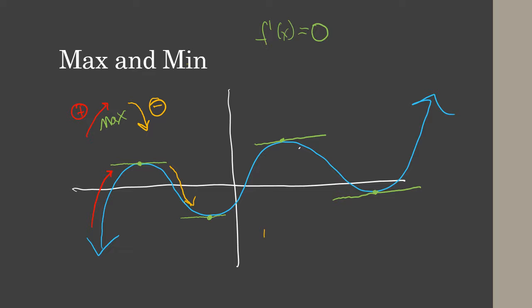Now we have a minimum on this side. We have a minimum when the slope or the derivative is first negative, or it's going down, and then it starts to go positive. And looking at the first derivative, which is the slope, and seeing if it's positive or negative, helps us to determine if it's a minimum or a maximum.